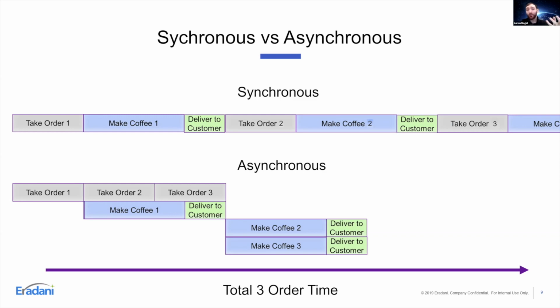What that allows us to do is, first of all, double up the work from the beginning. And once we finish taking all the orders, we can repurpose our resources, that cashier, and move them back to making drinks so we can make even more at the same time. The end result is that the asynchronous architecture is able to get this job done in a little bit more than half the time that the procedural synchronous system took.